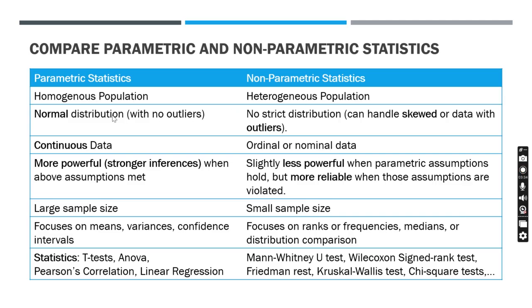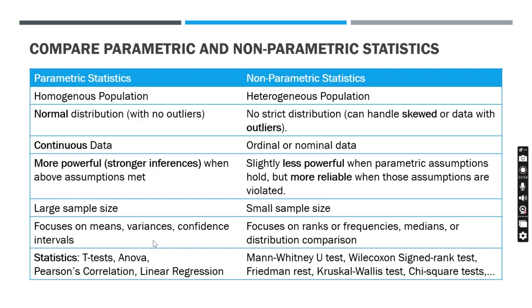If the data is not normal and not continuous, then non-parametric is more reliable and will give us better results. For parametric statistics, we usually have a large sample size, and for non-parametric statistics, we usually have a small sample size.